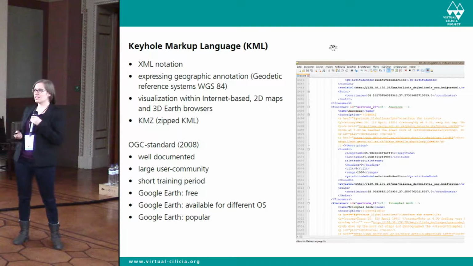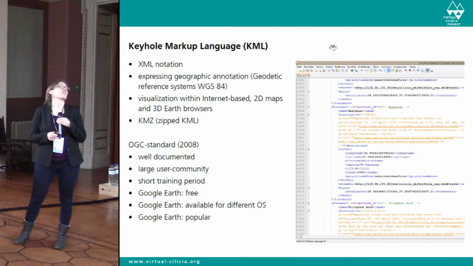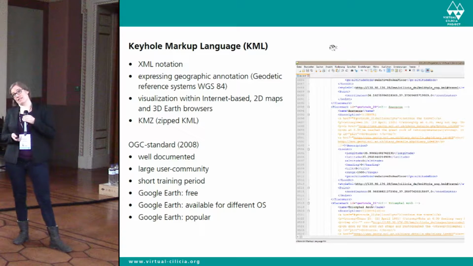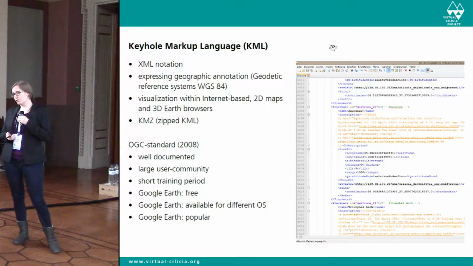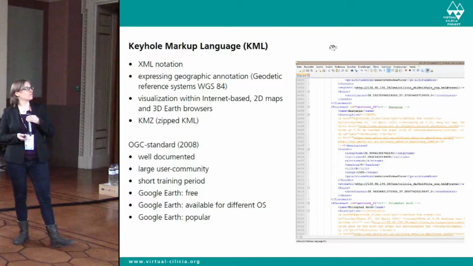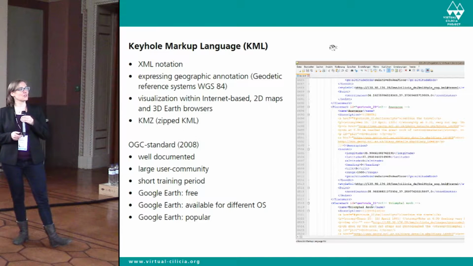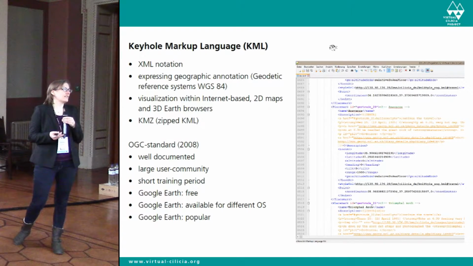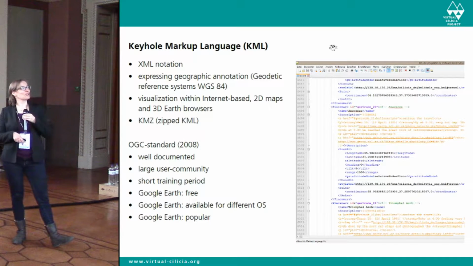And maybe you have also seen the format KMZ, that's basically just a zipped version of a KML. Since 2008, KML is also an OGC standard, by the Open Geospatial Consortium, which also means it's very well documented. There is quite a large user community.